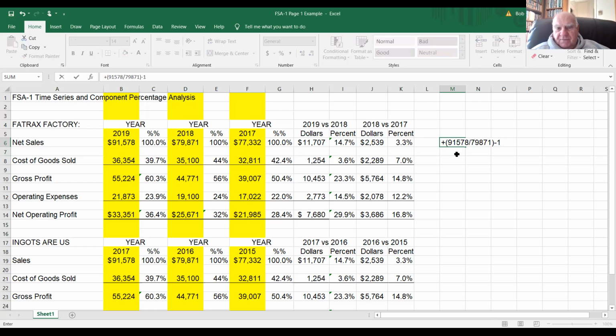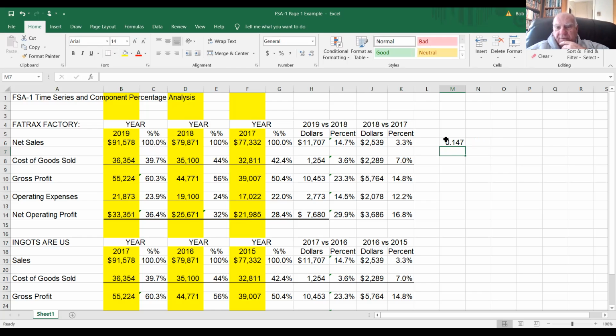And if there's a God in heaven, I'll come back to that 14.7%. There it is. This is a decimal, so you have to move the decimal point over 2. Okay? So that's how I like to do it.